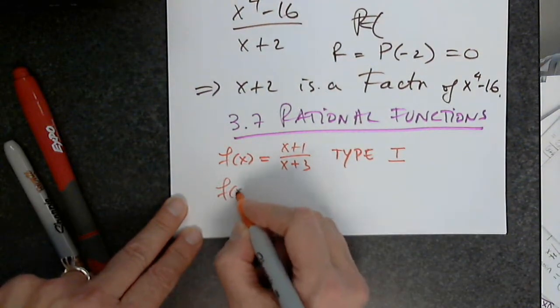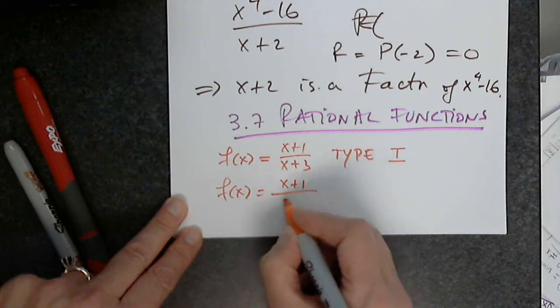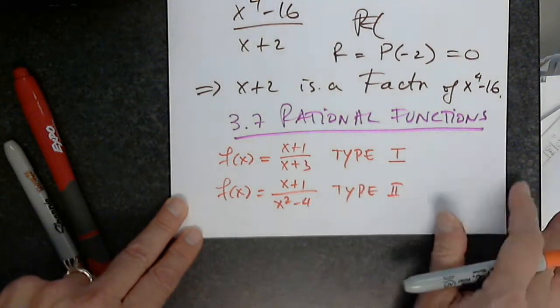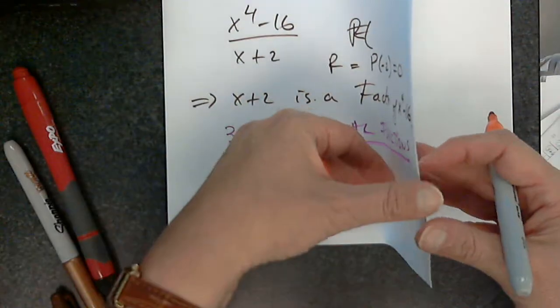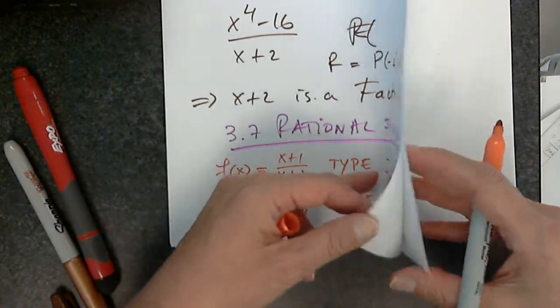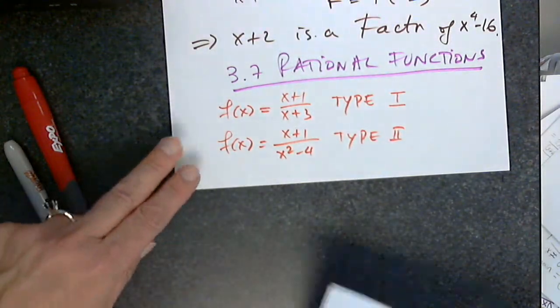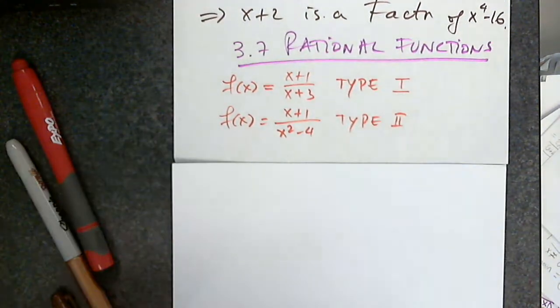Here's the second one. I'm going to call this one type 2. And we have one more, type 3. Are these the only rational functions, type 1, 2, and 3? No, but these are the only ones we can handle in pre-calculus.